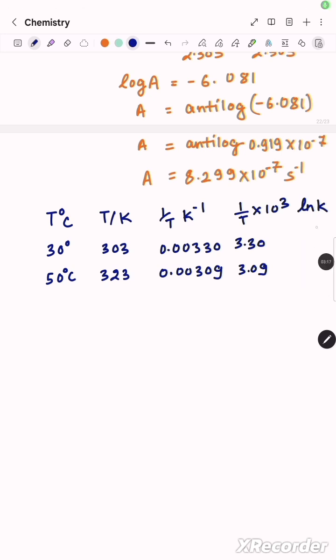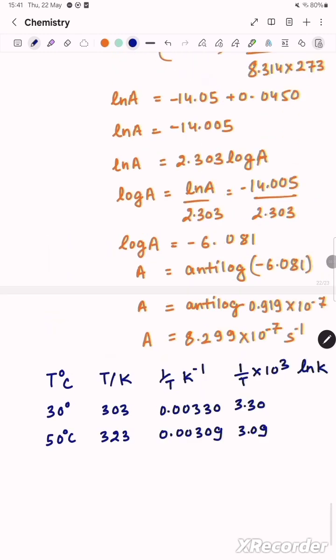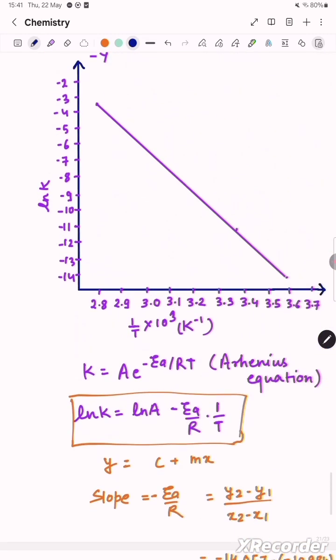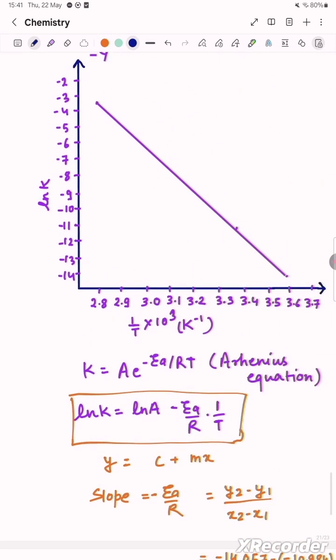Now we have to calculate the ln k value from the graph. So first we take the graph here at 3.30, that is this point, and at 3.09, that is this point.